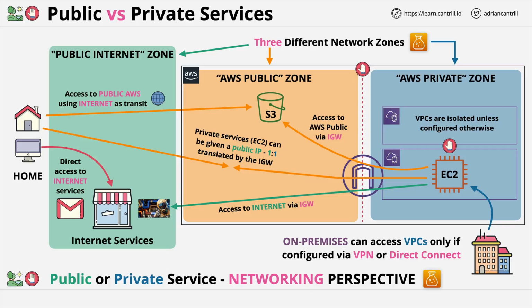So this is the architecture, the three different network zones which you need to be aware of to do well in the real world and this specific exam. So we've got the public internet, the AWS public zone, and the AWS private zone. And as I mentioned at the start of this lesson, as you learn ever more advanced networking features of AWS, these three network zones become really critical to understand.